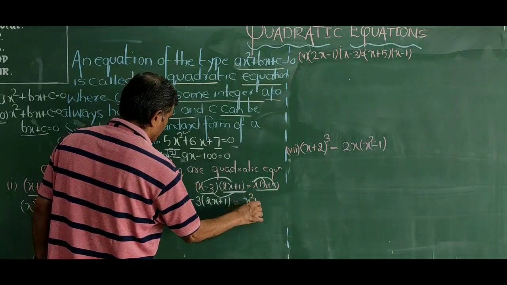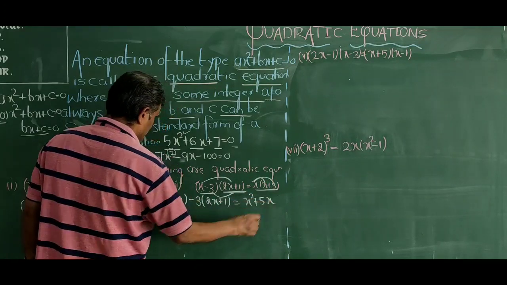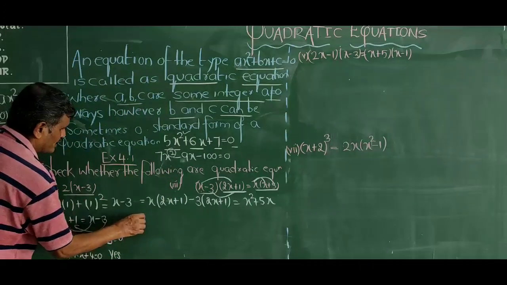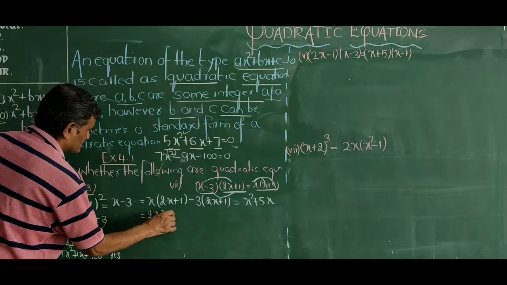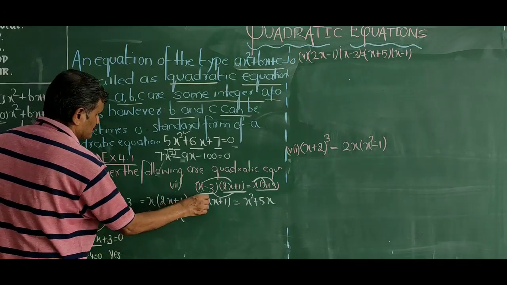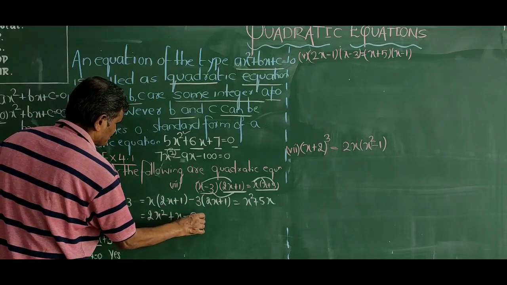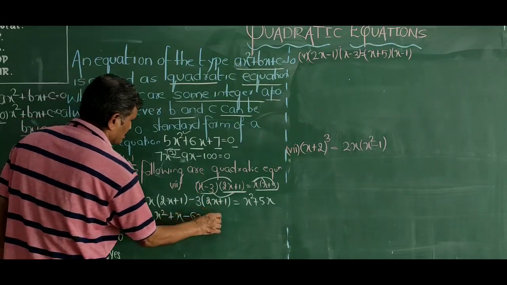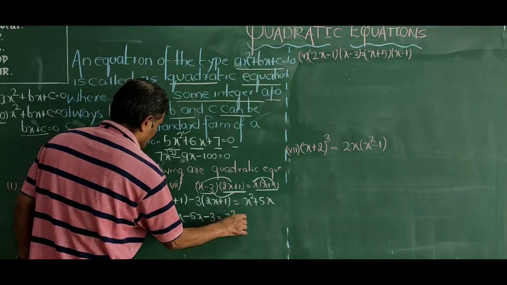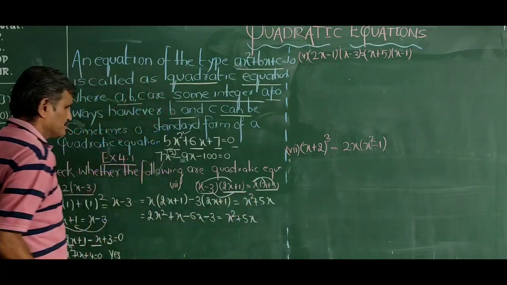This becomes x square plus 5x, and if I simplify the left side, it becomes 2x square plus 1x minus 6x minus 3 is equal to x square plus 5x.